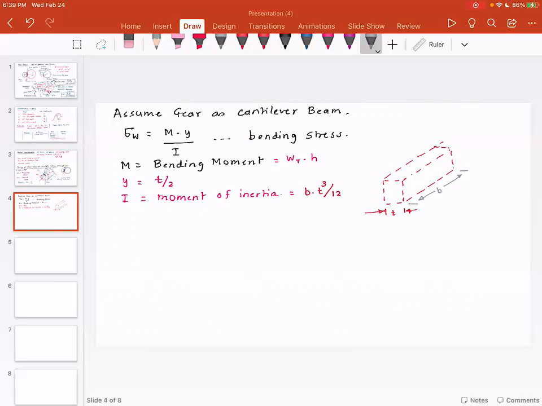But assuming just the basic rectangular profile, we have BT cubed by 12, and that is causing this tooth to bend.